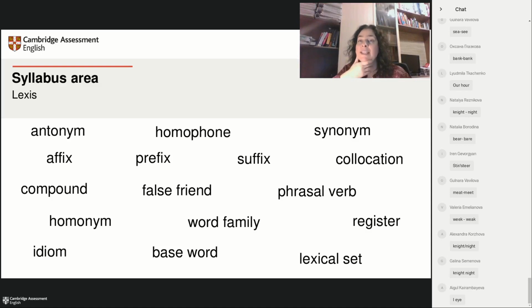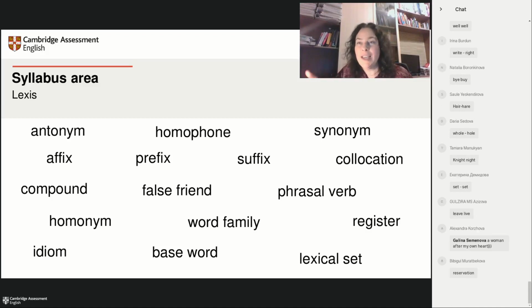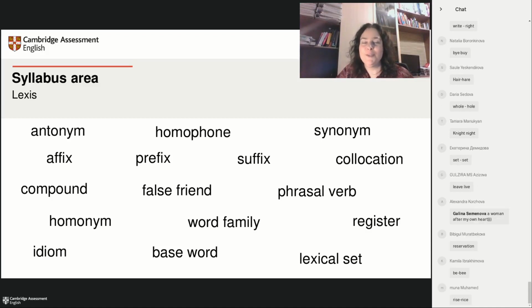Homographs are those that are spelled in the same way, but pronunciation might be different, and homonyms are where the spelling and the pronunciation are the same. For example, book, but it might mean a thing with several pages that you read, or book a hotel, book a room, to make a reservation. Absolutely right.